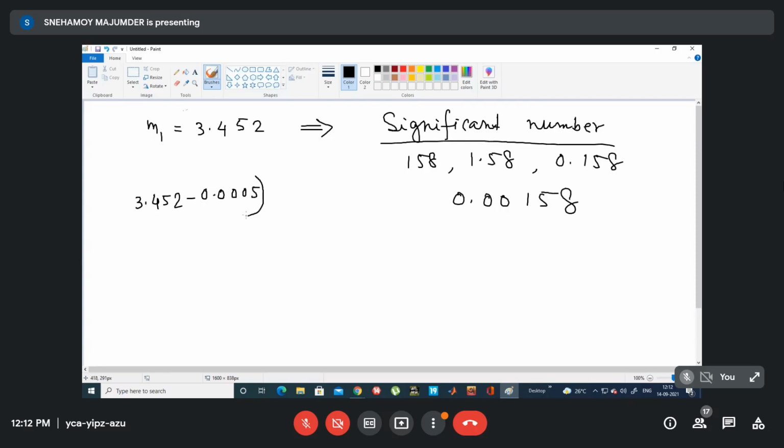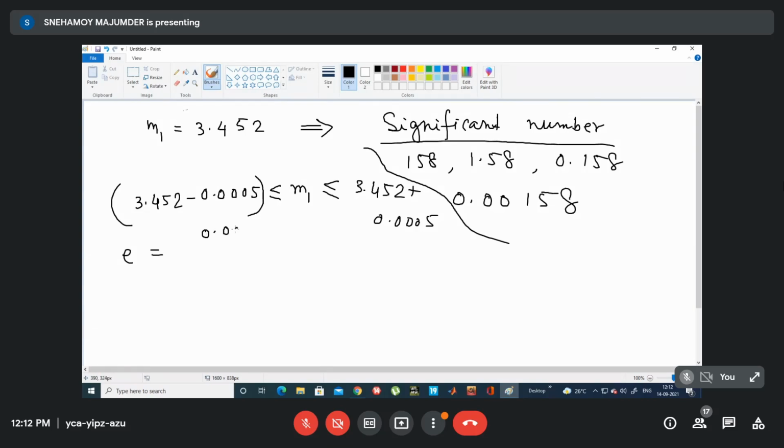Obviously this is less than or equal to M1, and obviously 3.45 is less than plus 0.005.